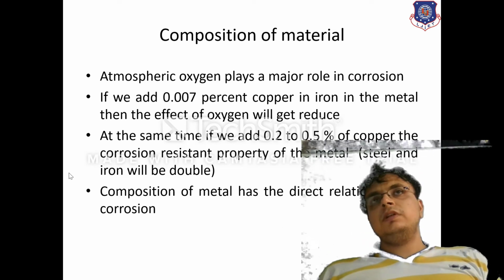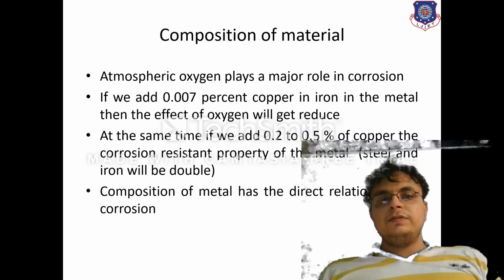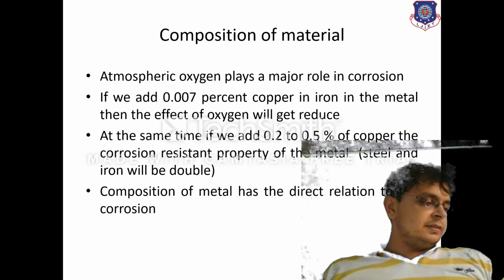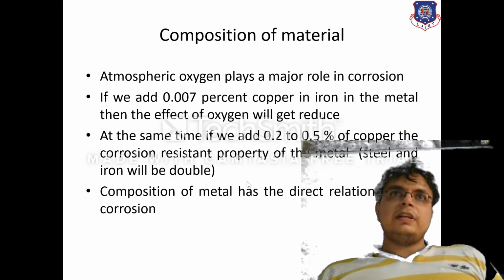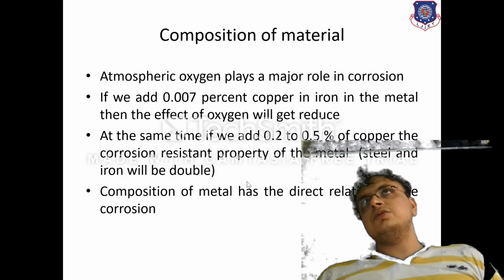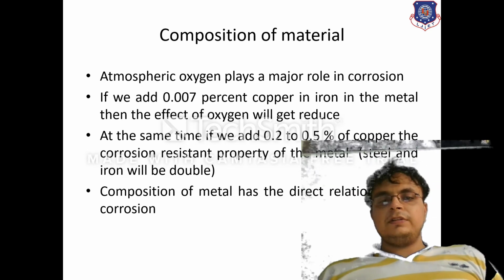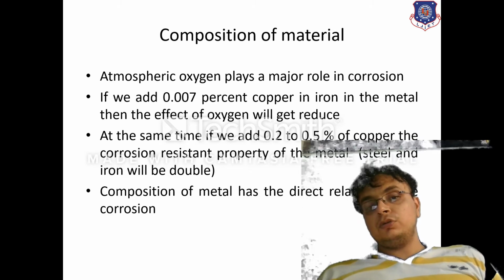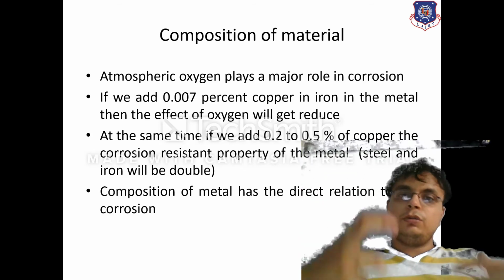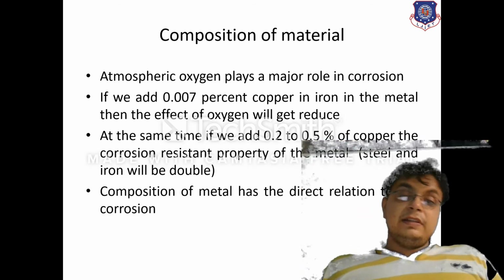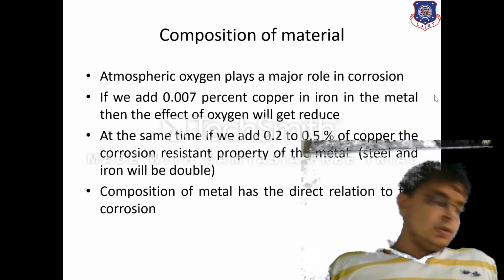If we add chromium, copper of 0.007 percent, then the chances of the occurrence of the corrosion will get reduced. And if about 0.2% to 0.5% of copper is provided, then the corrosion resistance property will increase about 2 to 3 times. So yes, composition of metal has a direct impact on the corrosion.